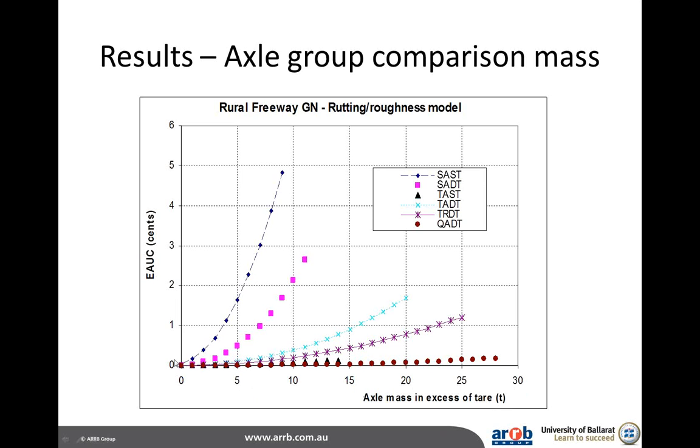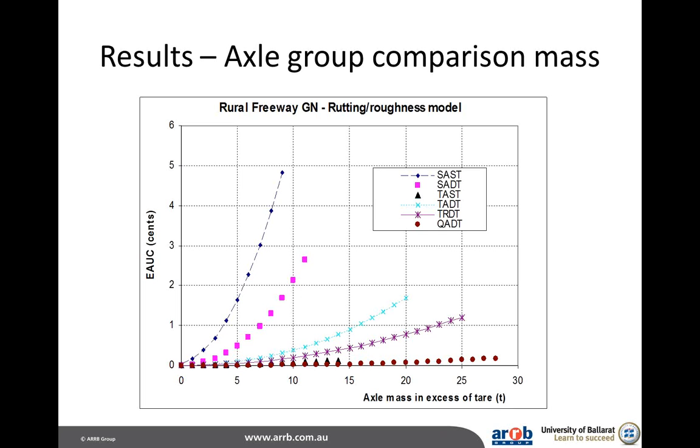And each of our different colours on this are our different axle groups. So as a single axle, single tyre axle group was loaded, that's the blue one here, we can see that it increases in cost very quickly. And as I mentioned earlier, the gradient is the marginal cost. And so we have an increase in marginal cost very quickly as well, which is what you would expect for such a small axle group when it gets loaded very heavily.